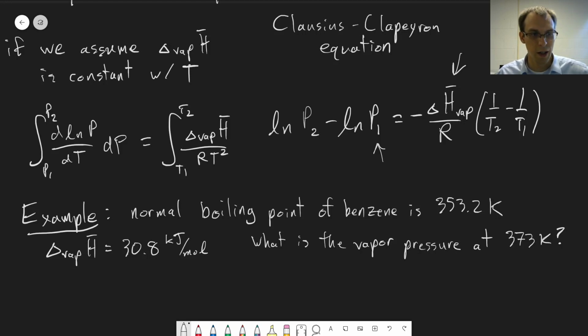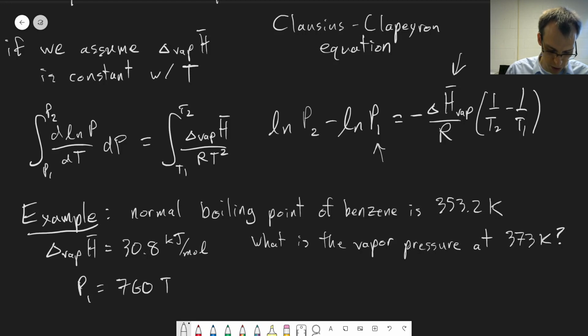vaporization is constant? What we need to do here is identify P1. The normal boiling point means that the vapor pressure is equal to atmospheric pressure, which is 760 torr. So that's P1. P2 is what we're after.